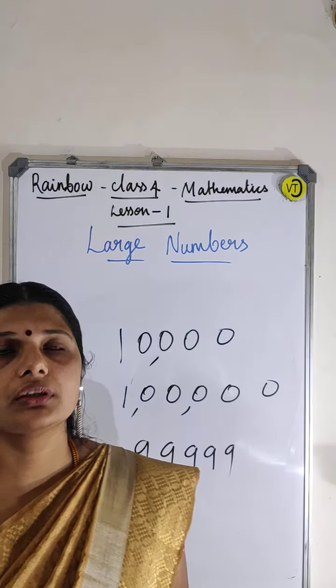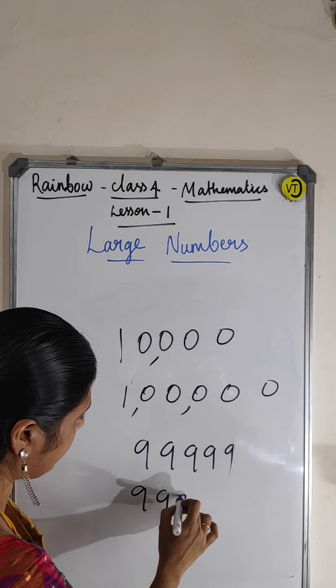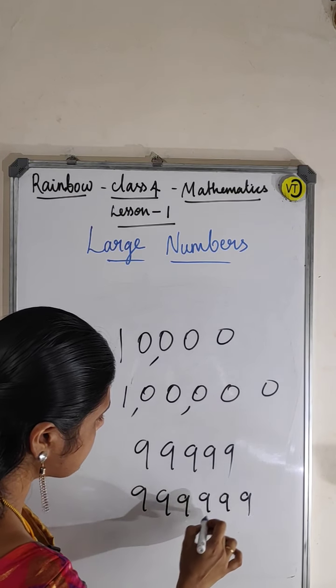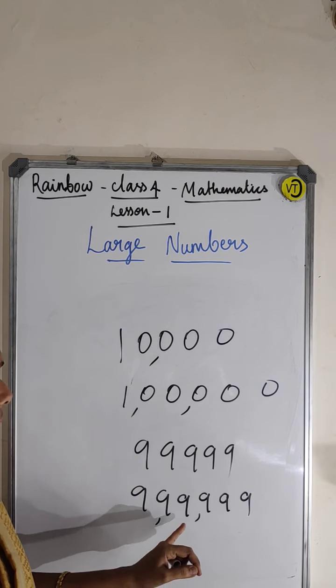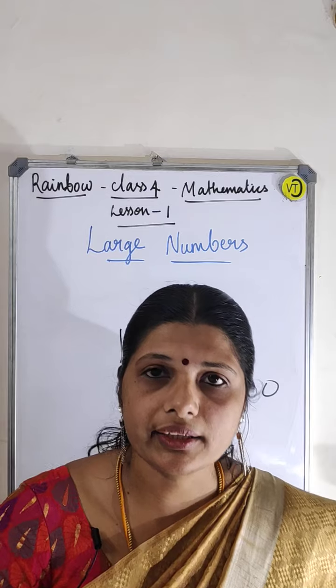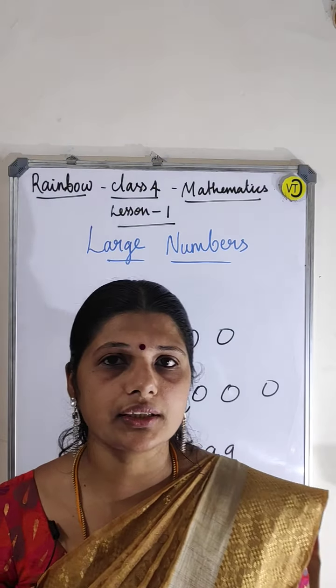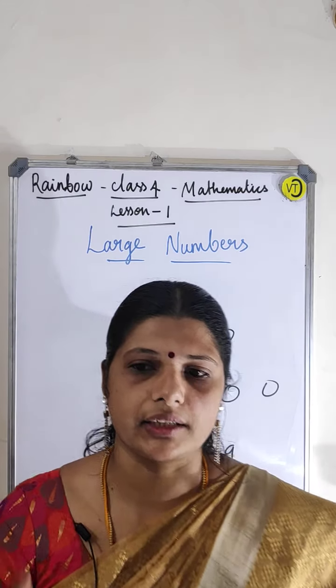And the largest 6-digit number will be the same, 999. How can you read this number? Ones, tens, hundreds, thousands, 10,000, lakhs. So 9,99,999. That is the largest 6-digit number.